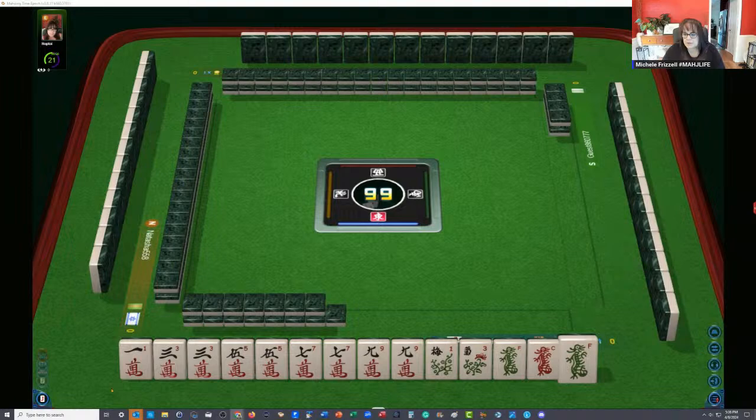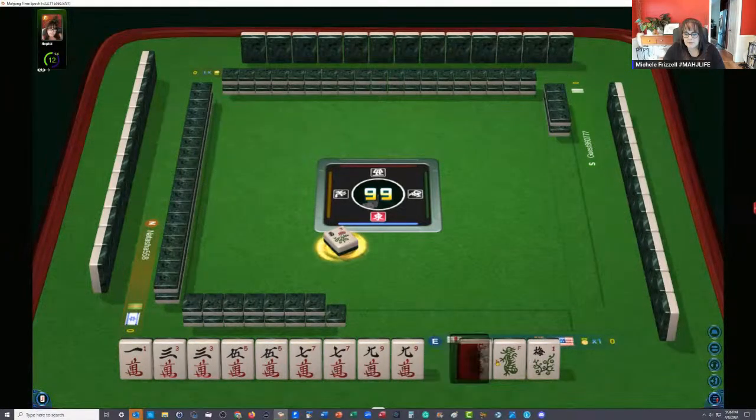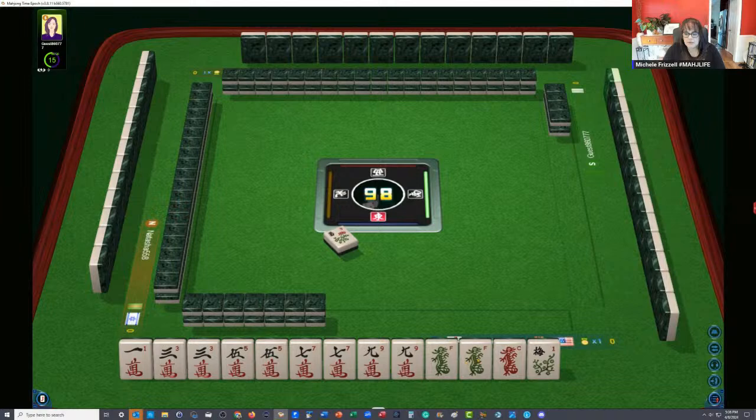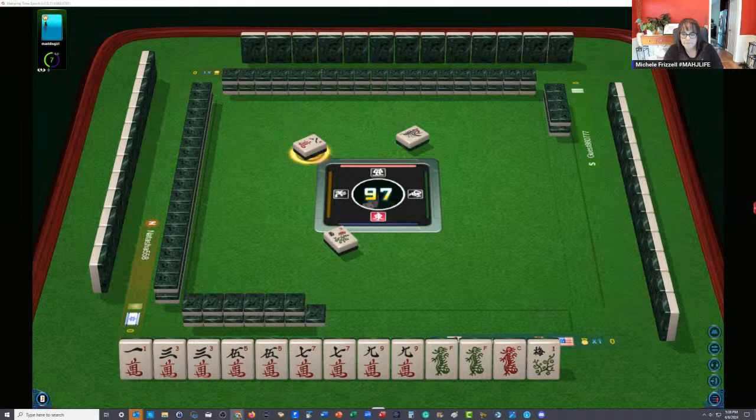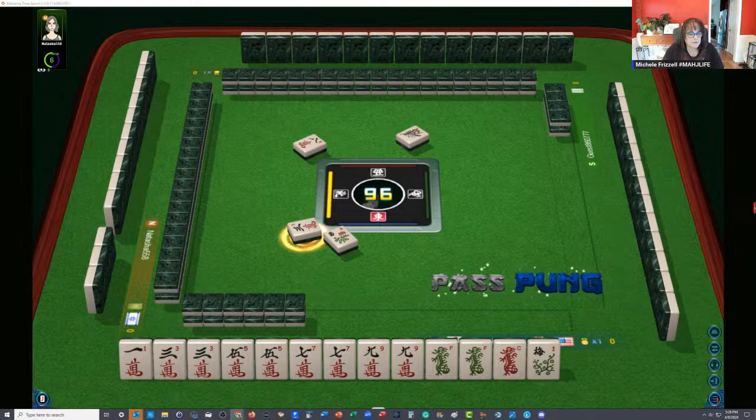Oh my gosh, look, they gave us, yikes. Okay, let's let the flowers go. Flower. We have a pair we don't need, the green dragon. 1 bamboo. Flowers do not make good joker bait, by the way. 8 characters. 3 characters.